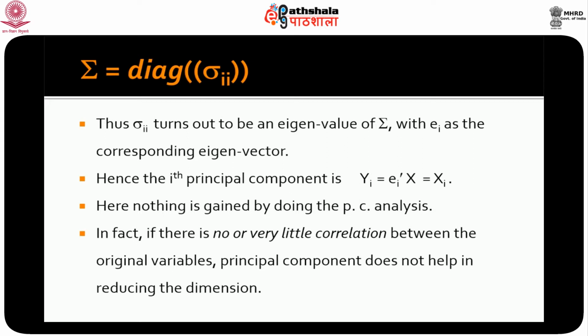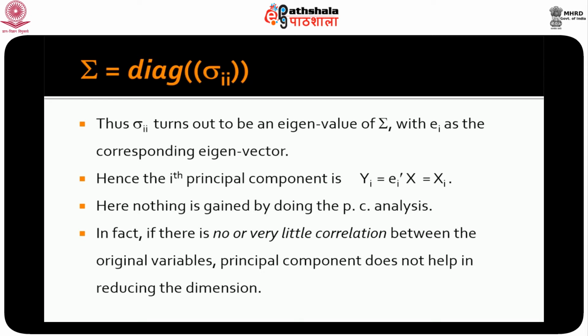Now, what would be your yi? yi would be ei prime x, which would simply pick out xi. So yi is equal to xi, which means that the ith principal component is the ith variable itself. What does this tell us? This tells us that nothing is gained by extracting principal components in this case, because the principal components will be the original variables themselves.